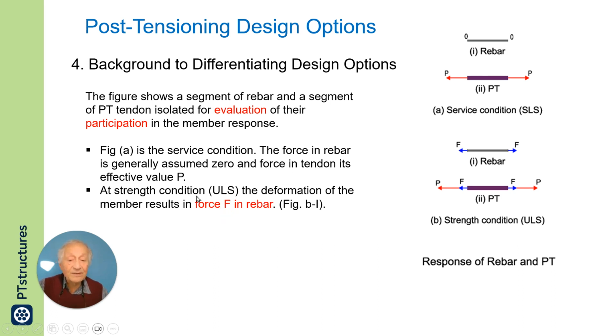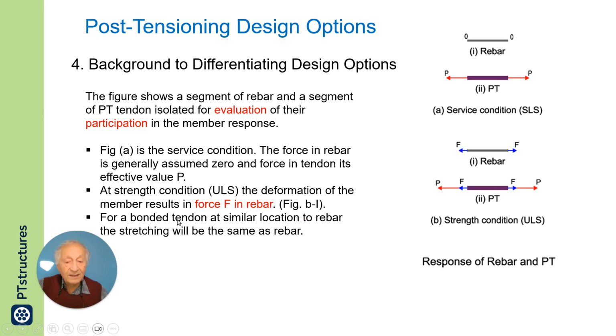Now, at strength condition, the deformation of the member results in force F in rebar. And for safety, we take advantage of the presence of rebar. We put rebar with 60 ksi or 460 megapascal force to provide resistance.